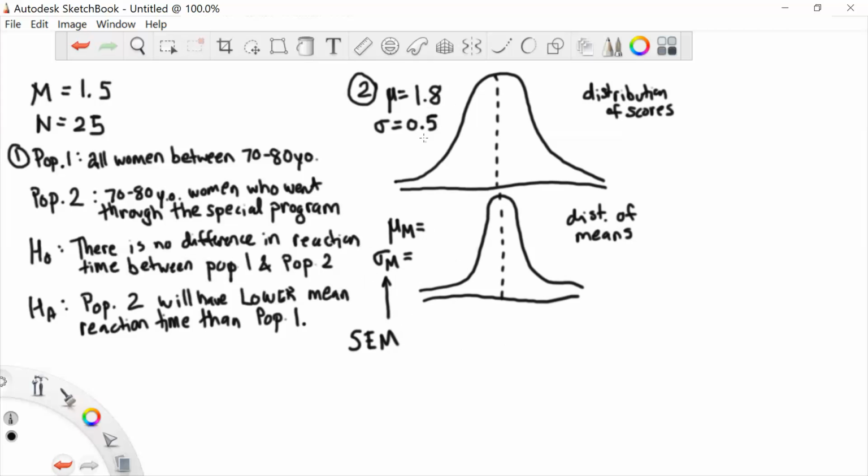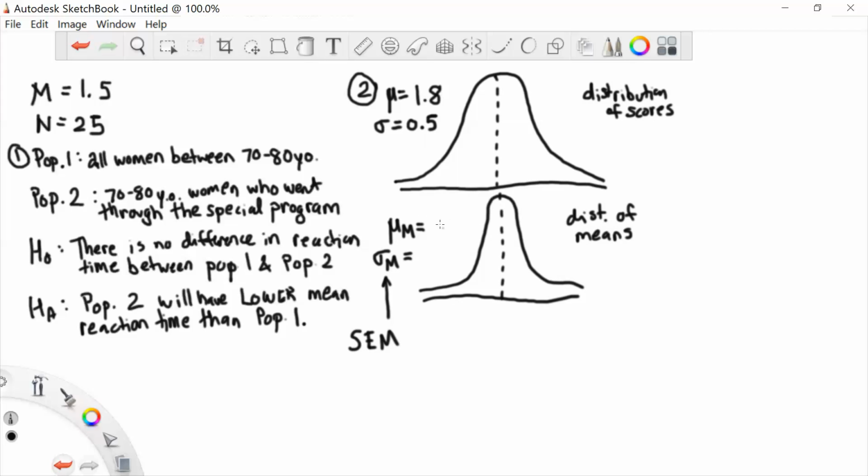So based on what we know about the mean and the standard deviation of our distribution of scores, what is the mean of our distribution of means? Yes. Sorry? 1 point what?